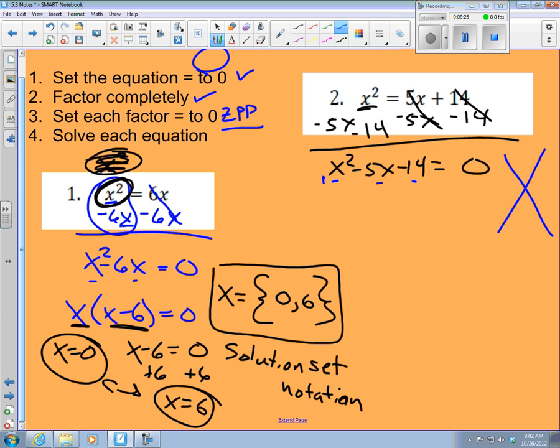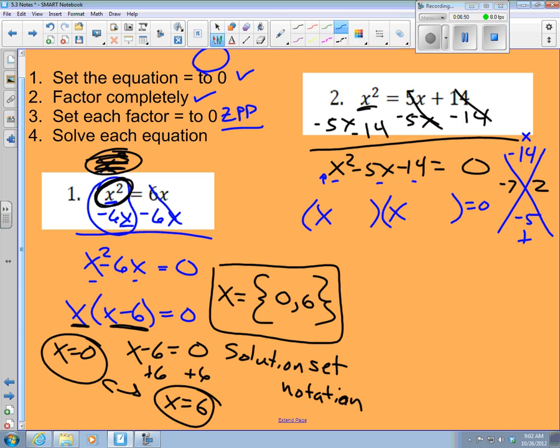Your a is just 1, so it's just x squared. So you can go right into your two binomials, x and x. I need factors of negative 14 that I multiply together that add up to negative 5. And these two factors are going to be, I think, negative 7 and positive 2.